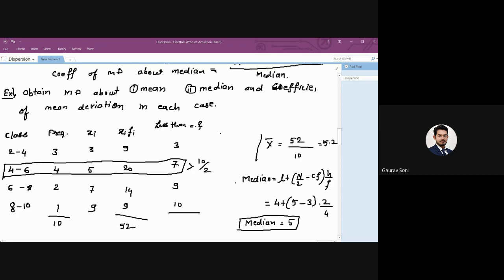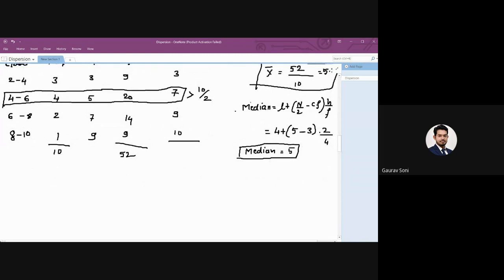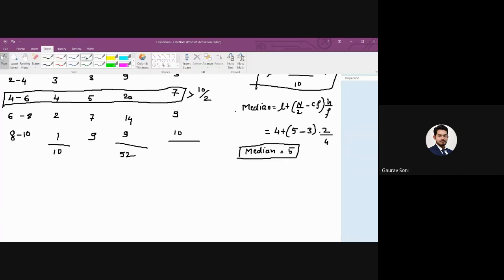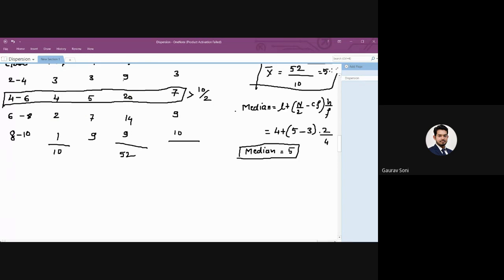Now let's go for the coefficient of mean deviation, or the mean deviation about mean and median. I will directly write down the exercise now.